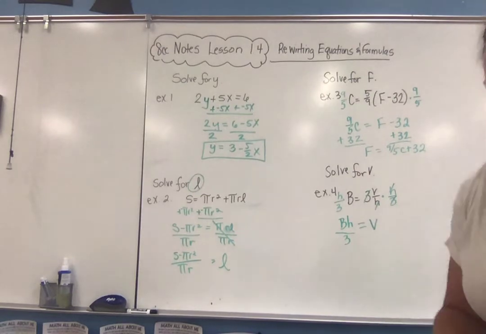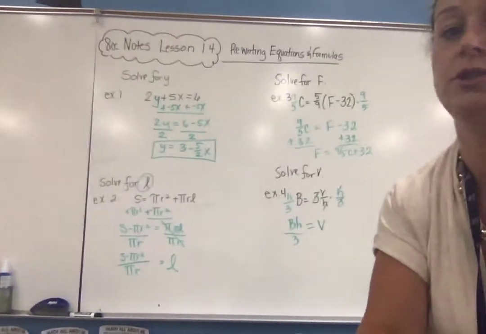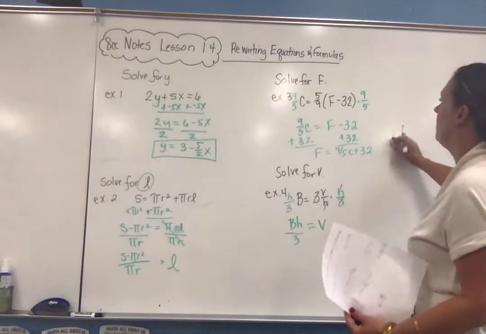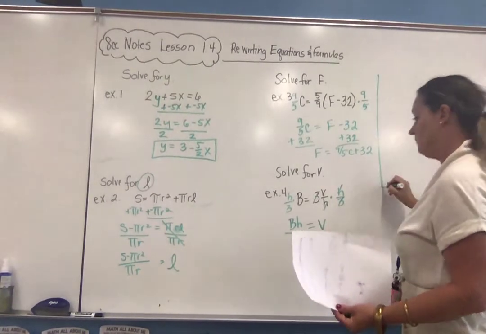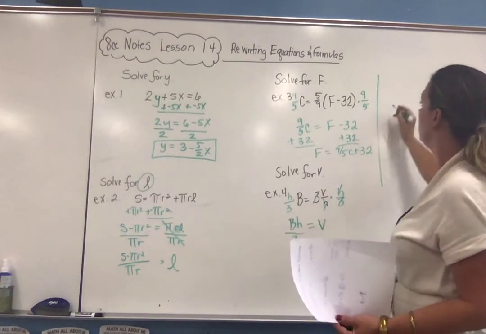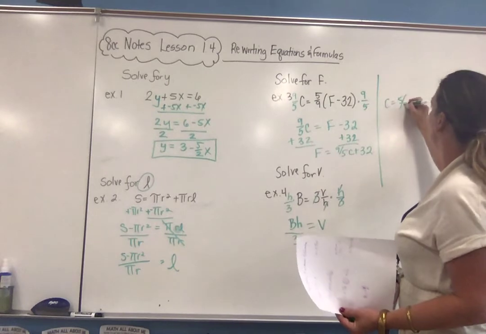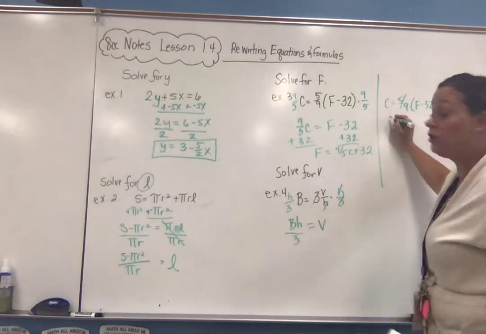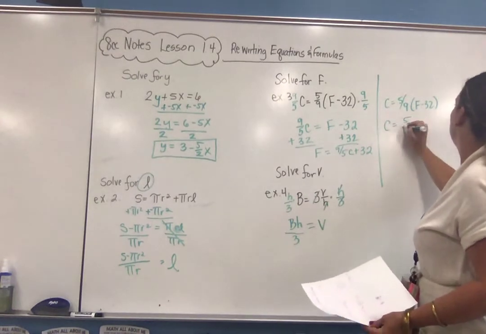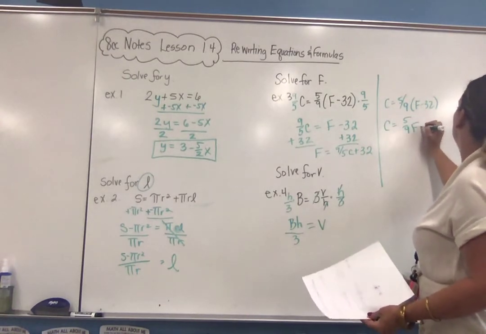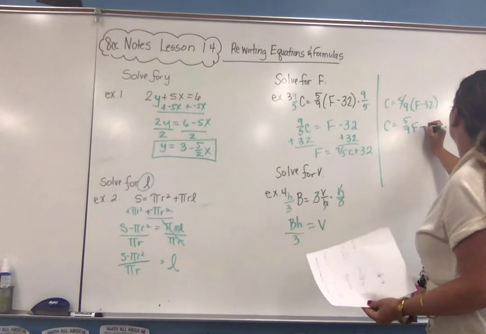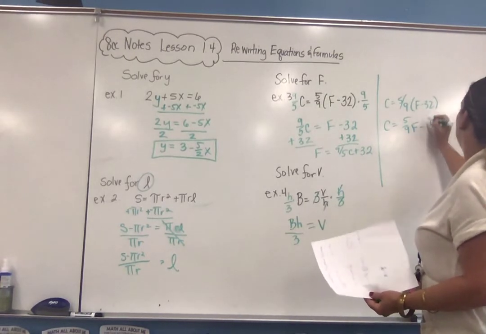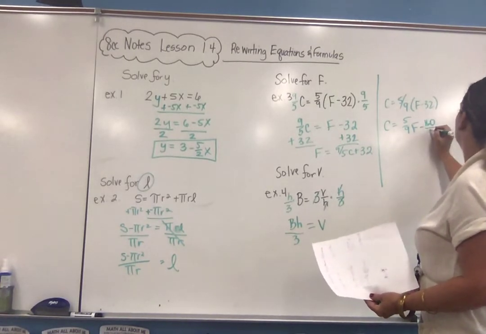I'm going to give you an alternative method for example 3. If I go back to my original and I have c equals 5/9 times f minus 32, I could distribute: 5/9 f minus 160/9.